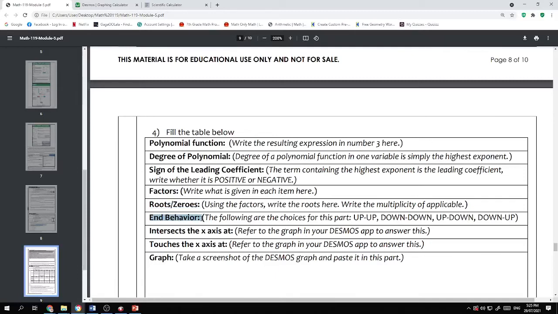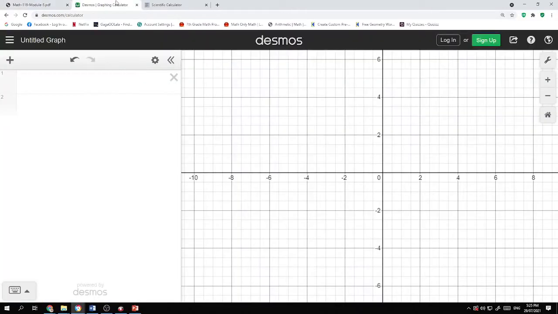Let's go to the end behavior. Now, sir, asa na kuhaon ang end behavior? This time, you make use of the graph. Tadto na mo sa Desmos. So, example ha, ang given ako, x plus 1, x minus 2, x minus, sorry for that expression, x minus, example lang na example, minus 1.